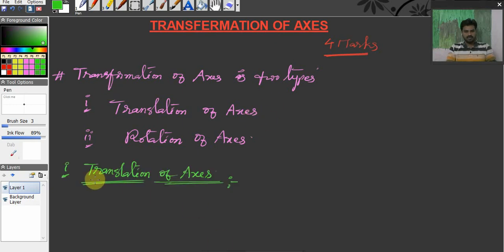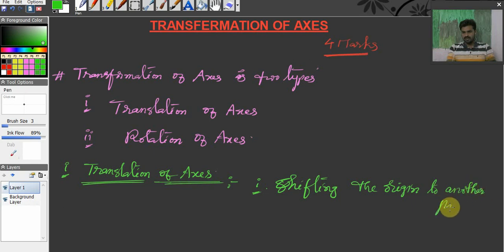Coming to the translation of axis. The translation of axis is a transformation of axis. It is obtained by, first, shifting the origin to another point, that is the first condition.